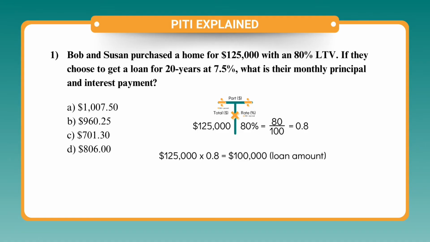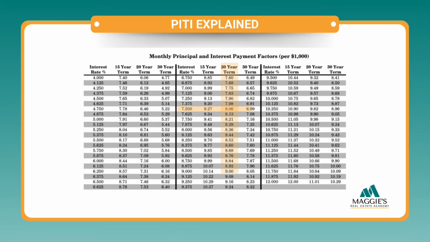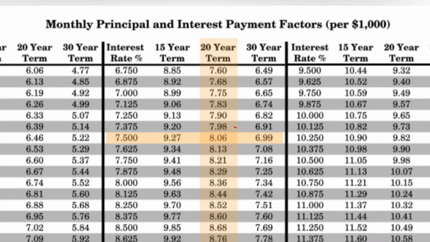Now that we have the loan amount of $100,000, let's take that $1,000 and divide it by the loan amount. So $100,000 divided by $1,000 equals $100. Now we just go to the table, find 7.5% at 20 years, and see the total there is 8.06.